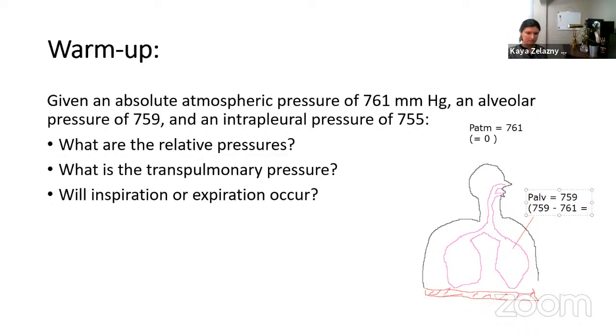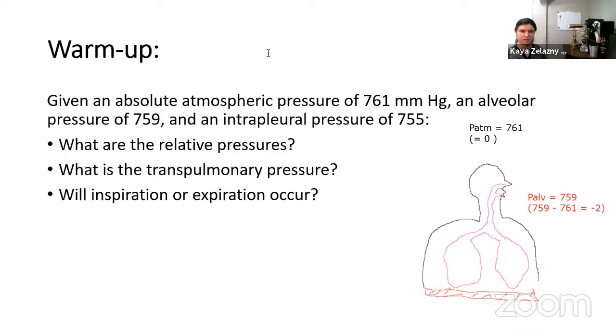So that is equal to -2. Okay, so -2 there. Trying to make it big enough so it's all on one line. Okay, -2 is our relative alveolar pressure here.